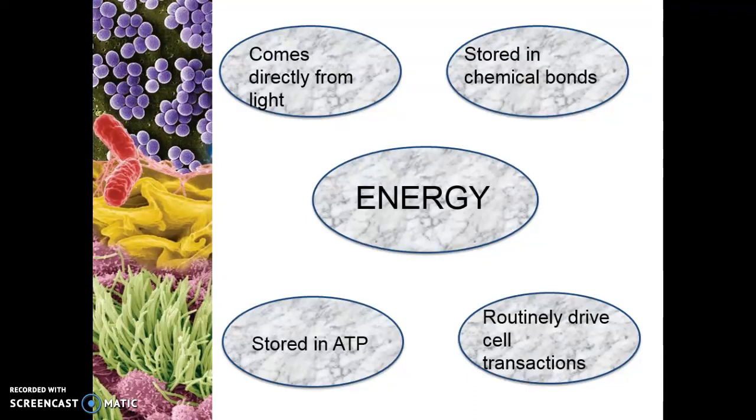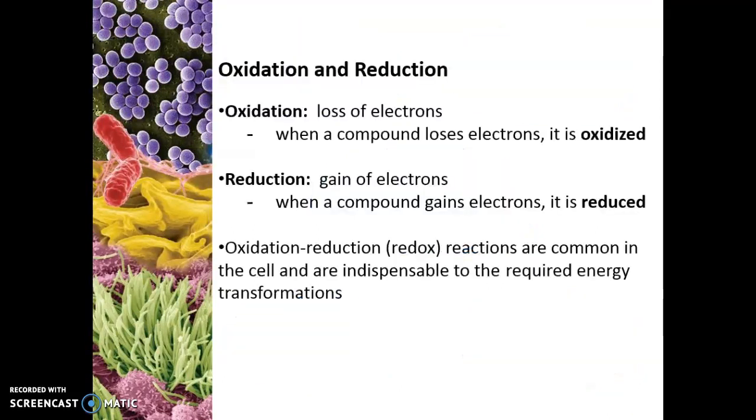And the chemical that we're talking about primarily for energy production or storage in cells is going to be ATP. So energy is stored in ATP through those bonds of the adenosine triphosphate. And normally, energy is going to drive cell transactions, the reactions, the chemical activities within a cell.